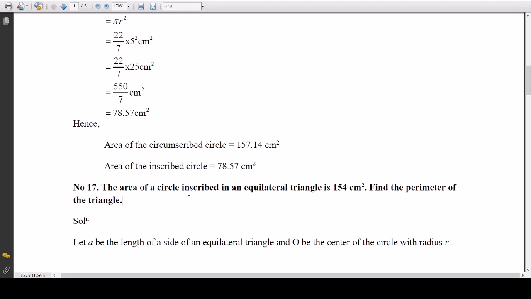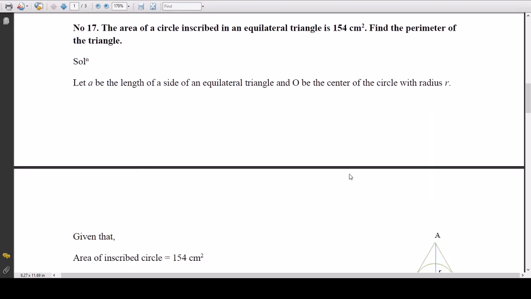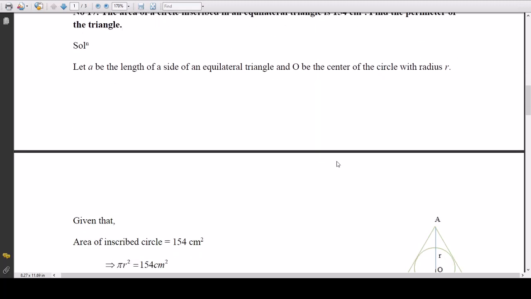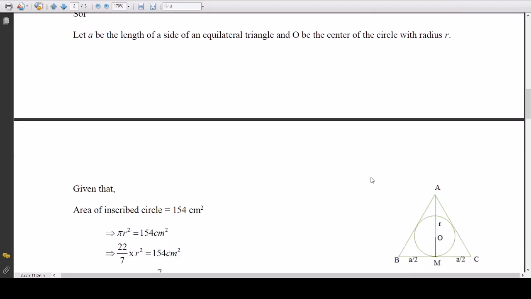3A is the perimeter of the triangle. Now the area of a circle is given. The area of the circle which is inscribed in an equilateral triangle is given. You need to find out the perimeter. Now let us consider this figure that I've drawn here.